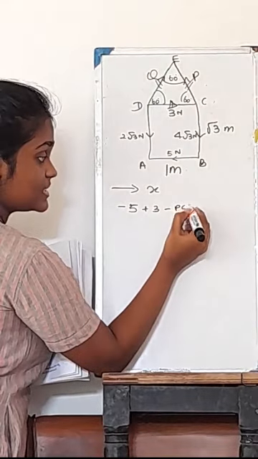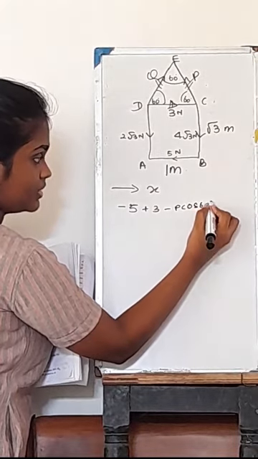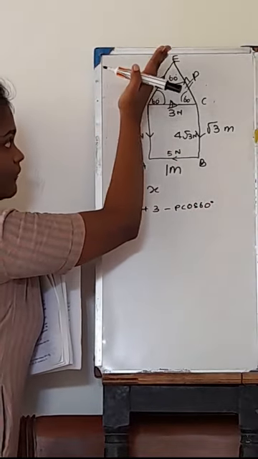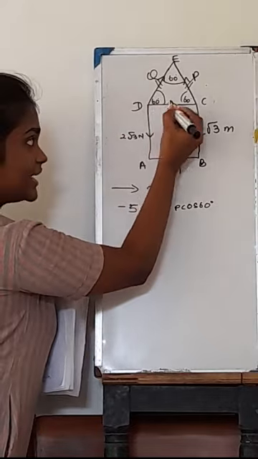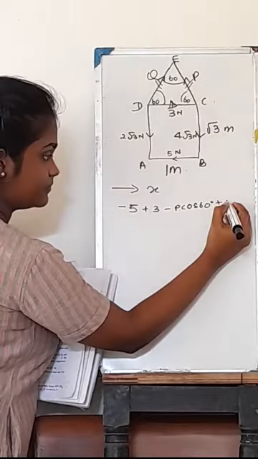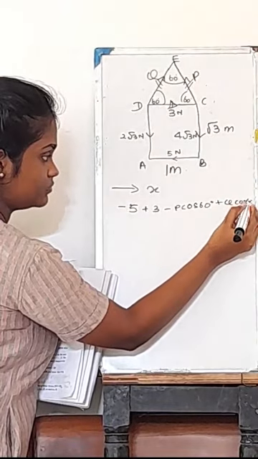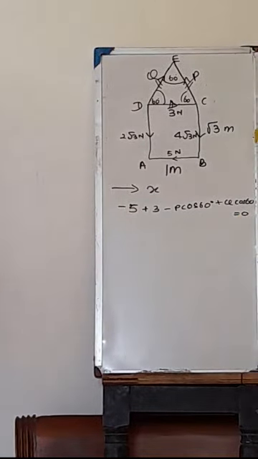And it should be minus because it goes to the opposite side. Next we have Q. We resolve Q towards the angle, so it's cos, and since the angle is 60 degrees, it's Q cos 60 equals to 0. Plus sign because it acts to the same direction.